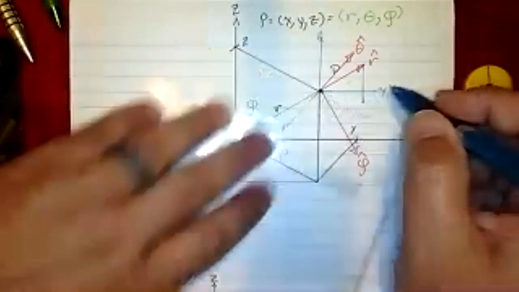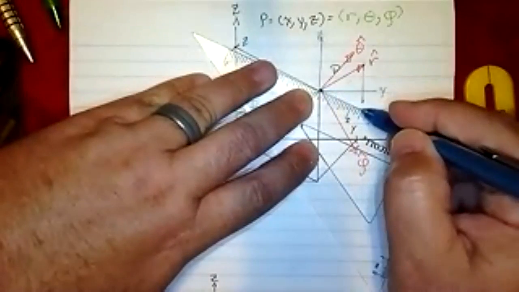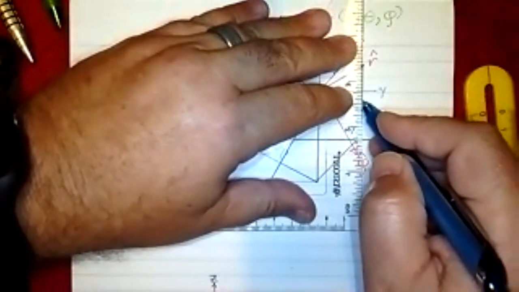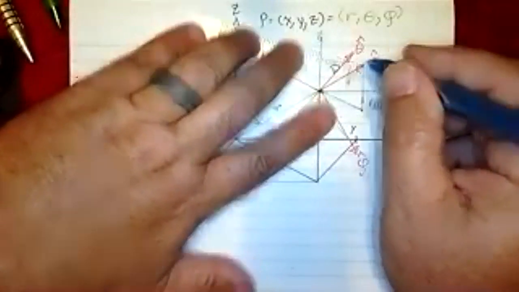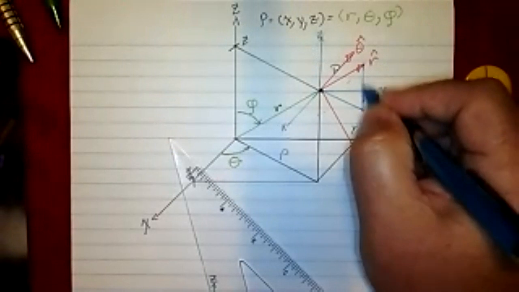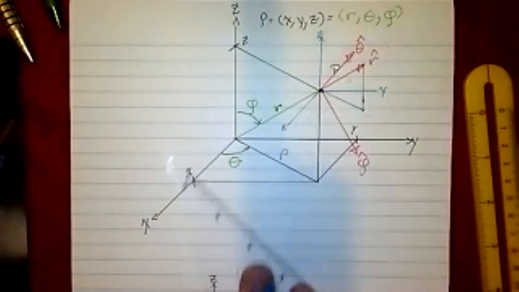And then I'm going to make a line that's the same as rho. So it'd go like this. That helps me make sure I drew it the right length, for instance. Okay, so I think you can see now that this right here is the z component of the r hat vector.